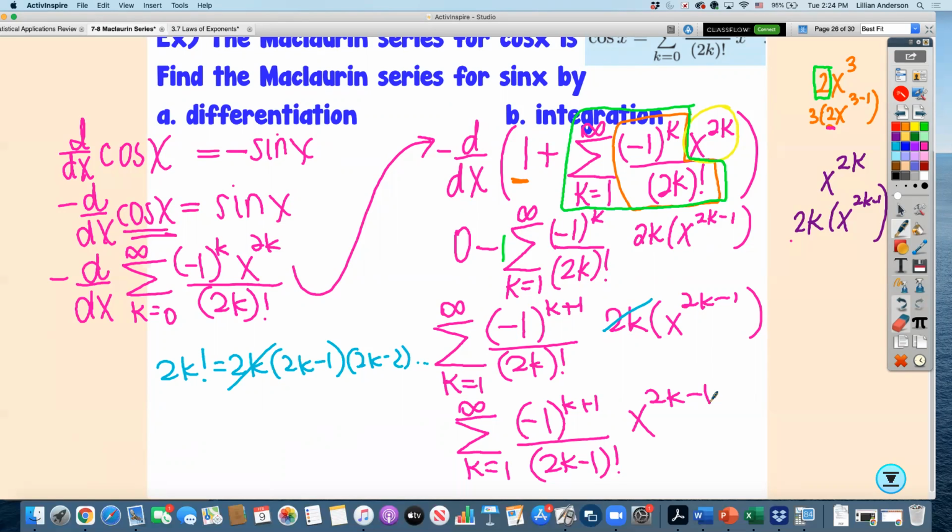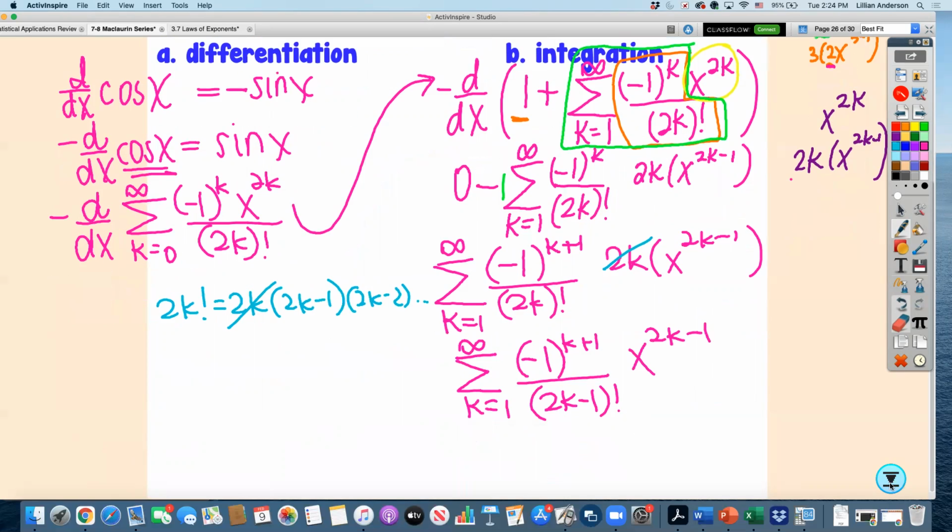So what we're going to do, because we are basically at the point where we need to be, the only difference right now is that it's supposed to be k equal to 0, not k equal to 1. So I'm going to let our new variable, w, equal k minus 1.